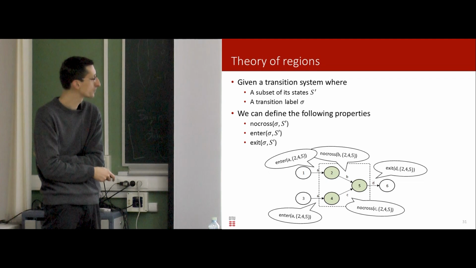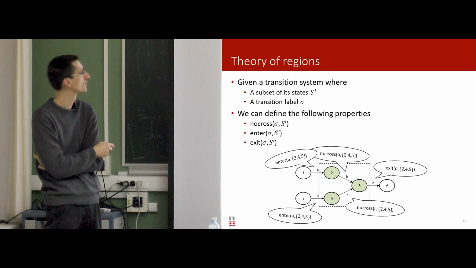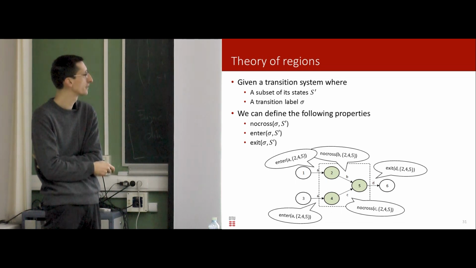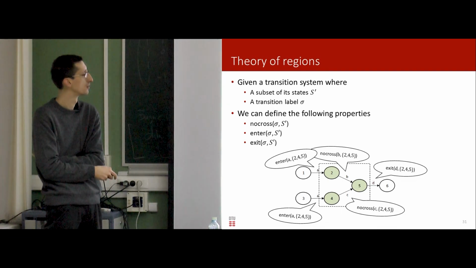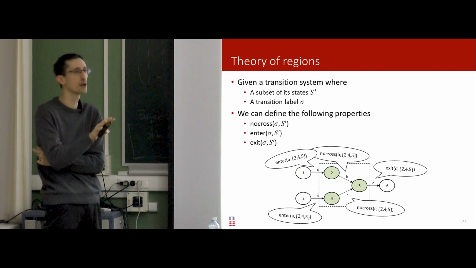Because we're interested in the subset of states S prime, and this subset is made of states number 2, 4, and 5. Okay. No cross. And why B no cross with 2, 4, 5? Because I'm coming to that now.